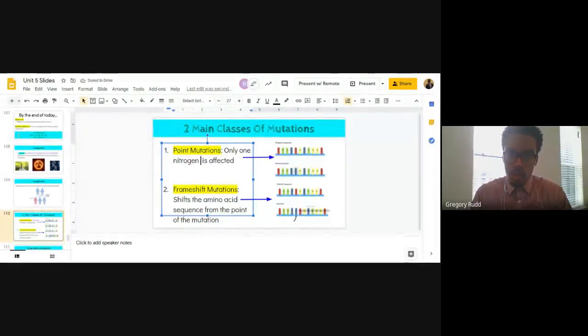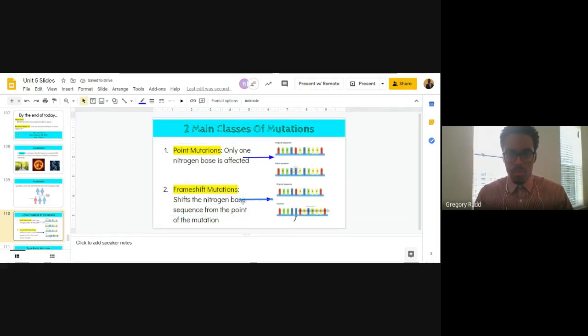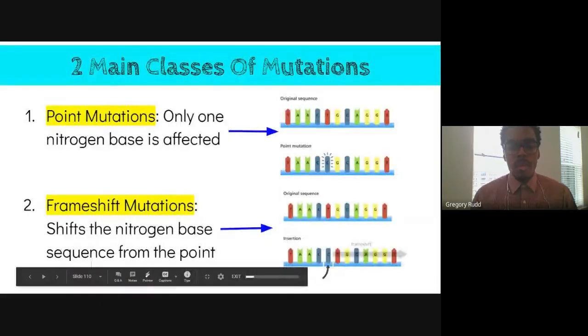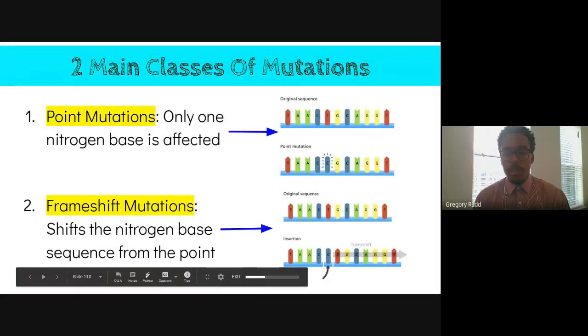I want to say only one nitrogen base is affected. So in a point mutation, only one nitrogen base is affected.